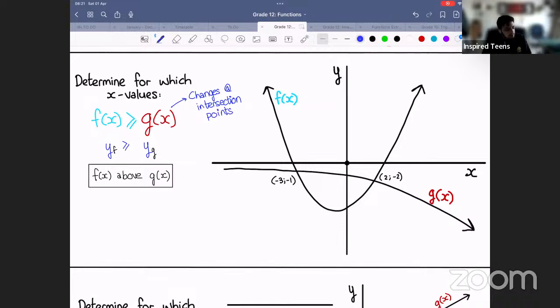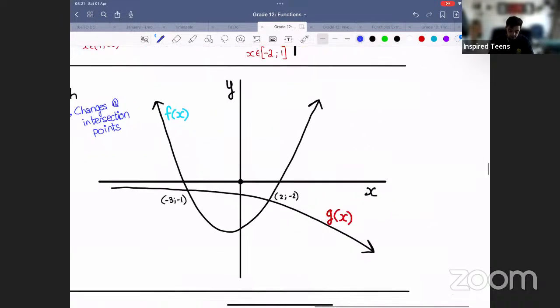So basically, f of x is above g of x, then when they intersect again, g of x is going to become above f of x. However many times they intersect for the given interval, they will swap.